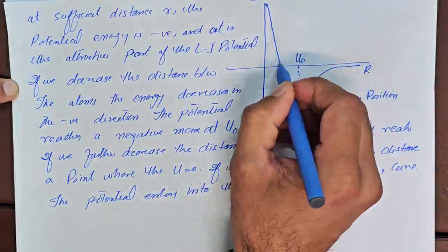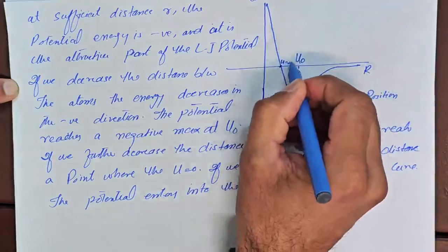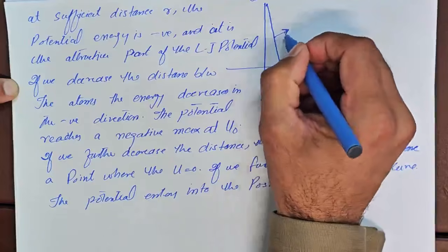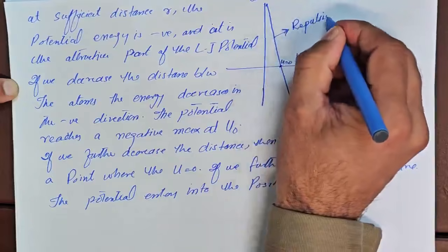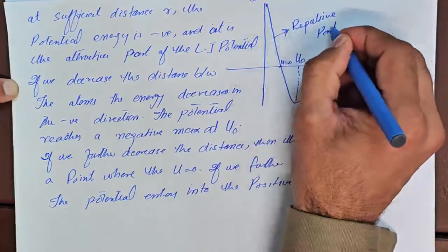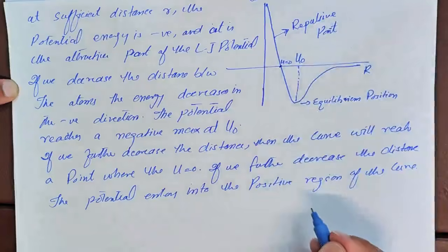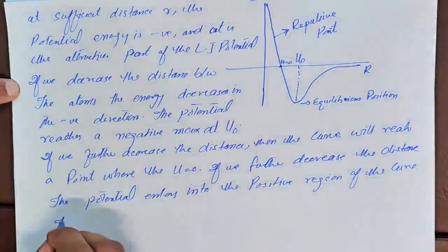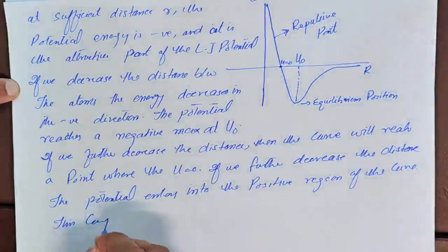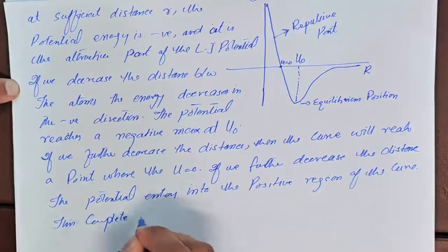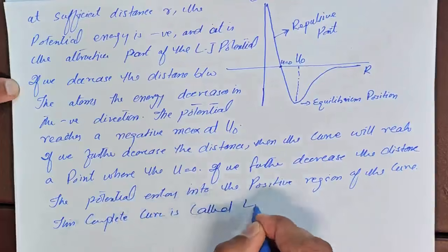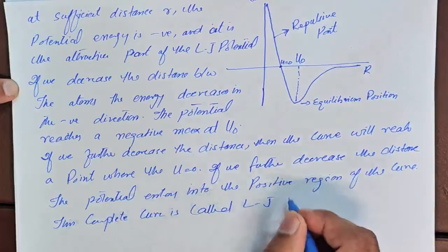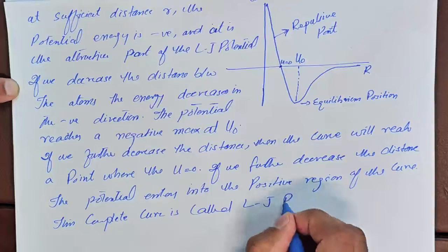This is U equal to 0, and this is the repulsive part of the curve. This complete curve is called the Lennard-Jones potential.